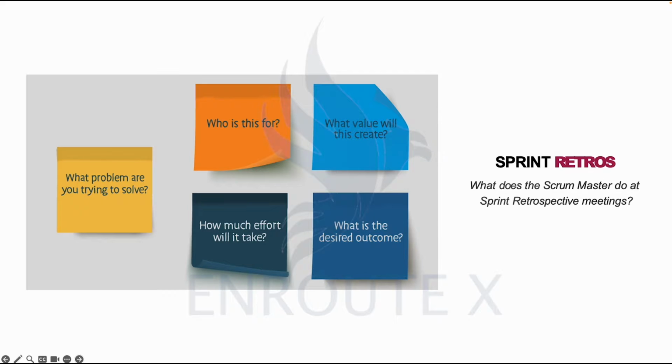So if you need to catch up with the foundation on what happens at the sprint retrospective meeting, please go back to Module 2 where we discussed the sprint retrospective meeting.